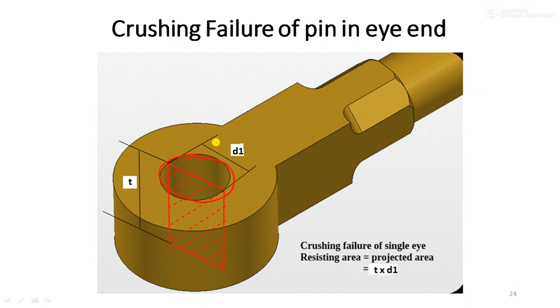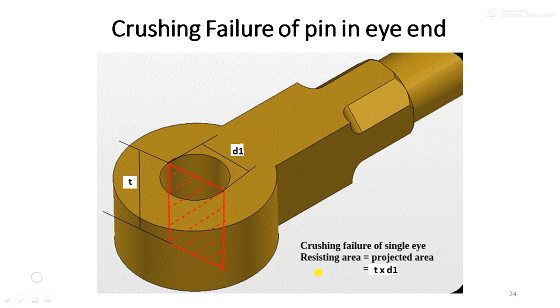So what is the projected area on which the crushing stress is acting, the resisting area? We consider it as a projected area, which is a rectangle. So the rectangular area is T multiplied by D1.